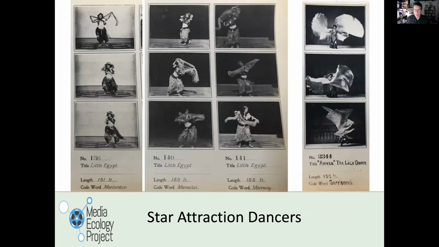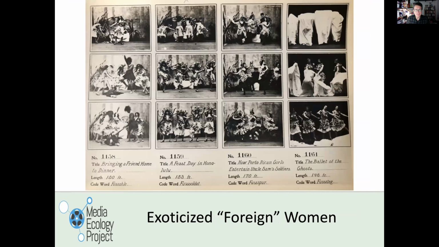Very many star attractions in terms of dances, as we know from the history of cinema. And this collection features quite a number of them. Surprising number of these exoticized, quote unquote, foreign women dancers. And it's clearly a mini trope within the portfolio.